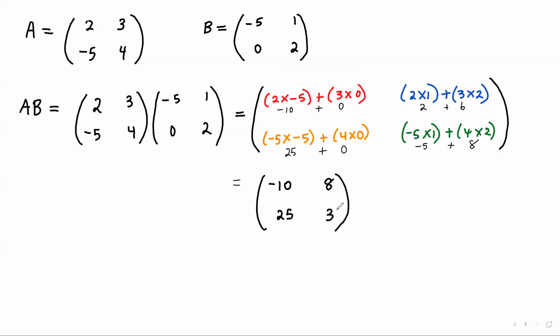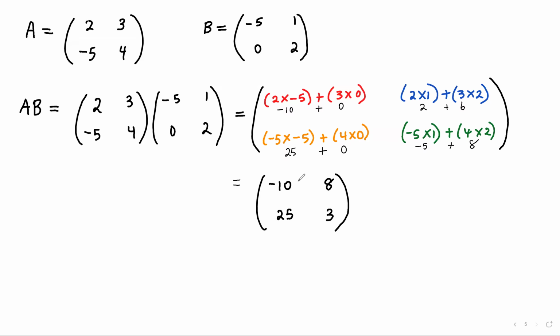Now, if I had to find BA, it's not going to be equal to AB, right? Because remember, A times B is not the same as B times A. Matrix multiplication is not commutative.